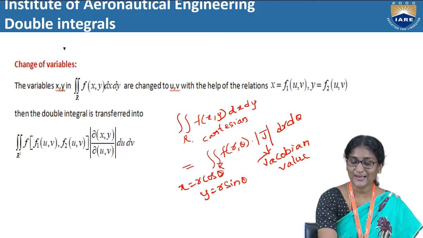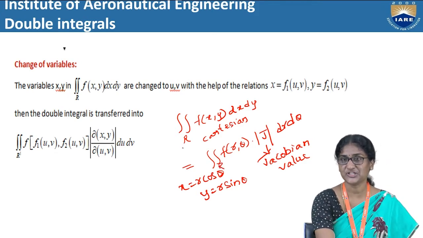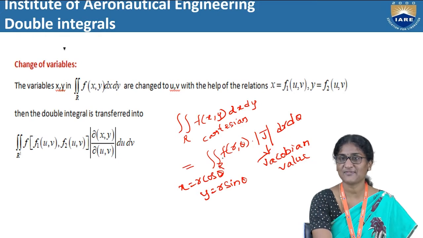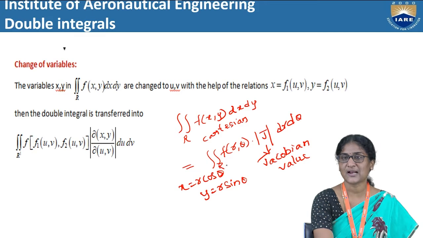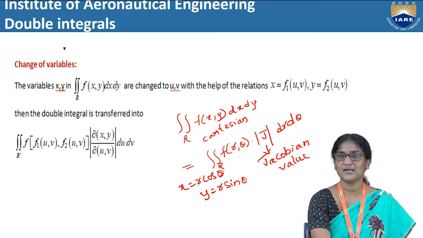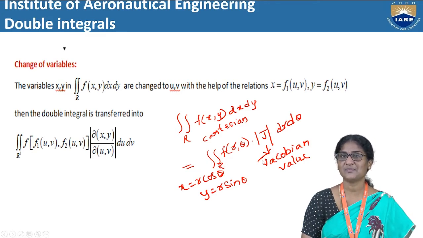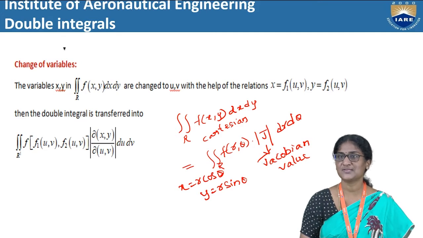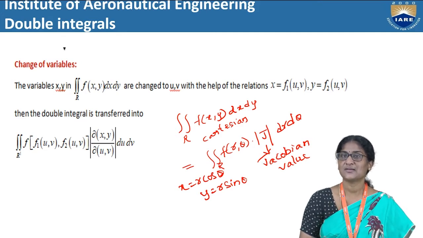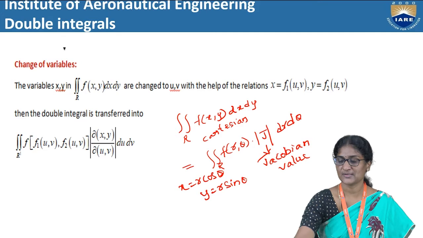By looking at the limits given in the Cartesian form, we can give the values of r and theta in the polar form. Once the limits of the function over the region are given, you can start integrating. This is how the problem is done. This is nothing but the method of changing the variables, and this method is used to solve double integrals.